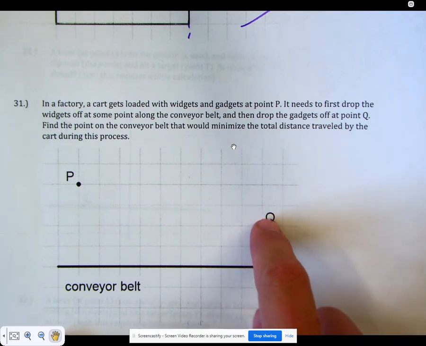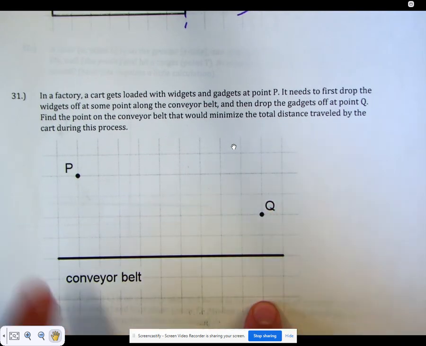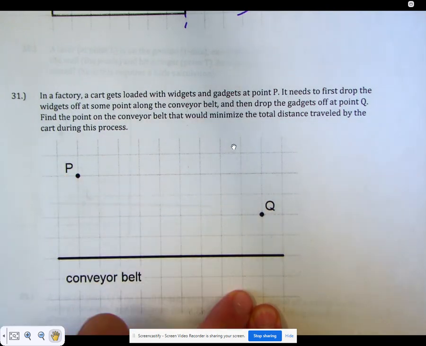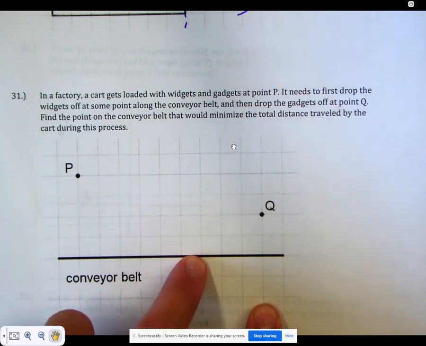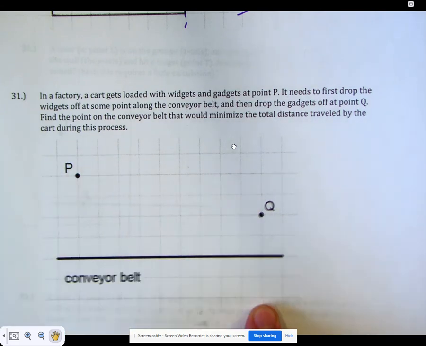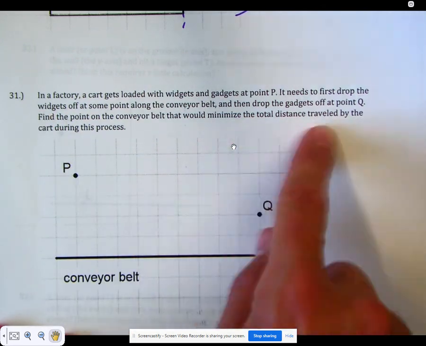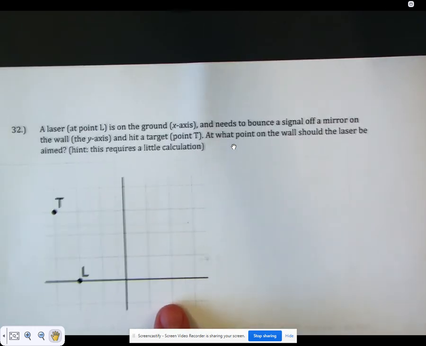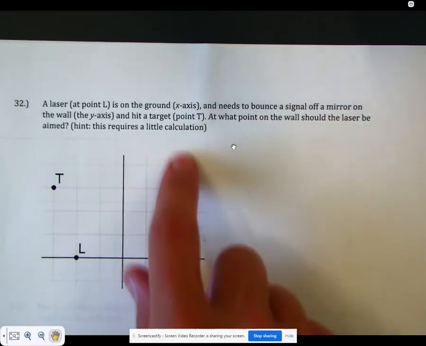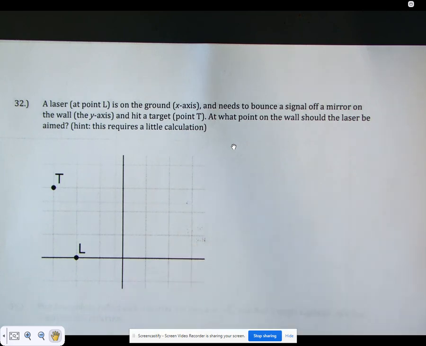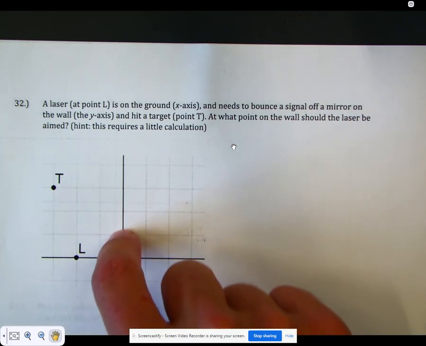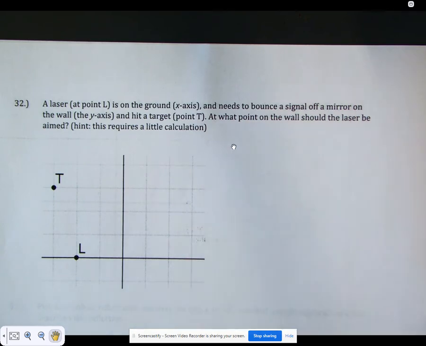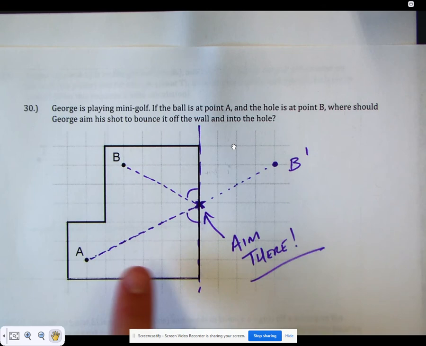And so you're going to want to reflect point Q over, aim for it like that, and then that point where you cross the conveyor belt, that's where you want to aim for minimizing your total distance traveled by the cart. 32 is pretty similar. It's not going to be a nice whole number, but you can try to figure out what point exactly on this you want to aim the laser. Again, these questions are all very similar to the golf one, so just try to apply the exact same logic to these ones.